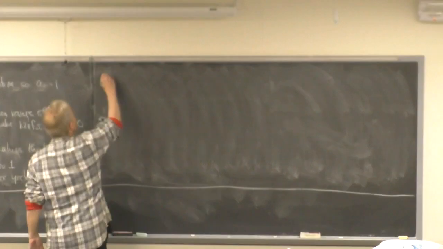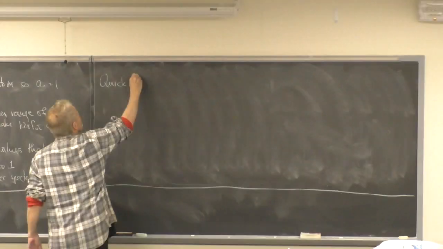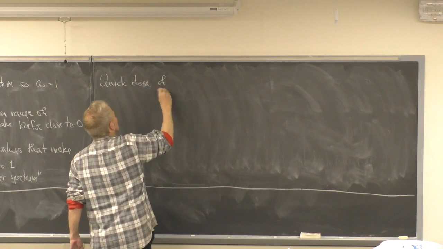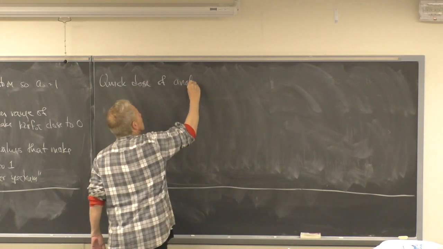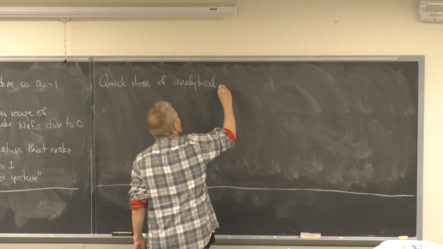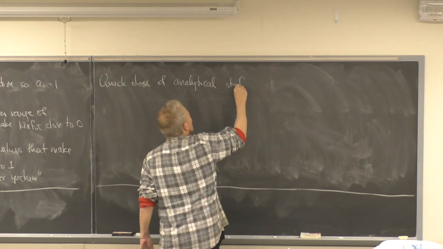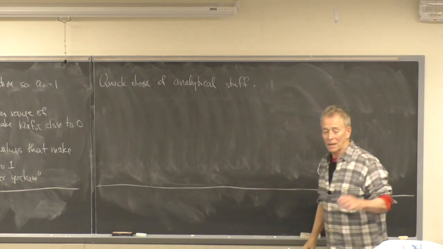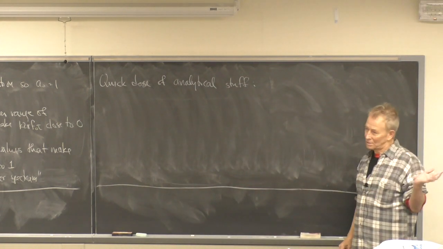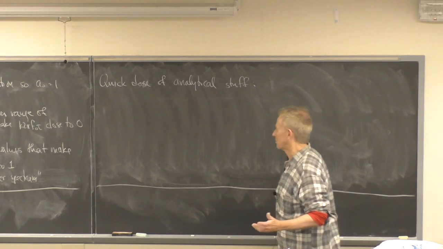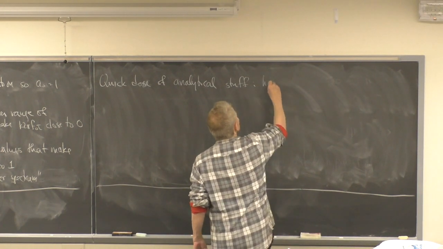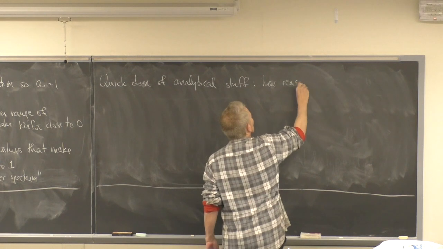So here's a quick dose of sort of analytical stuff. OK, we said that x of t has to be a reasonable periodic signal, fundamental frequency f0, fundamental period t0. What does that mean? So how reasonable does x have to be?